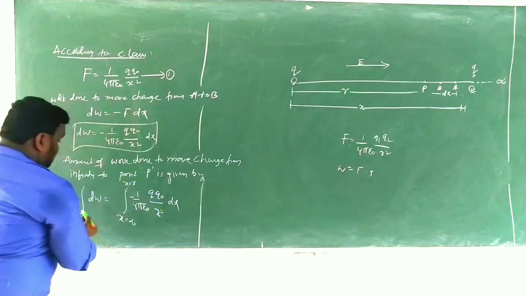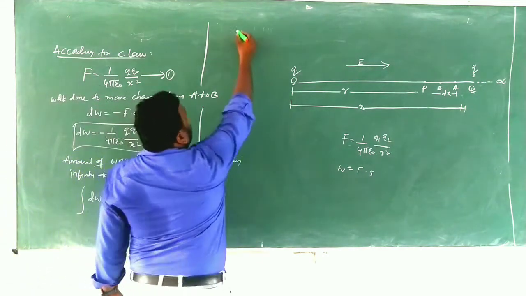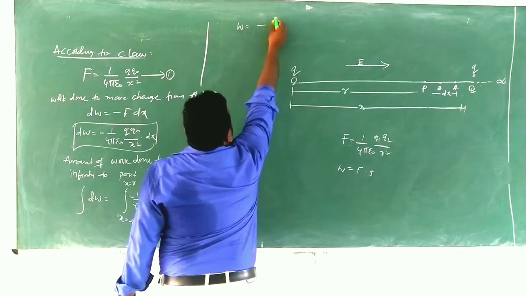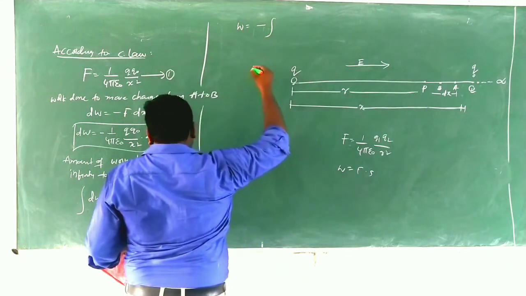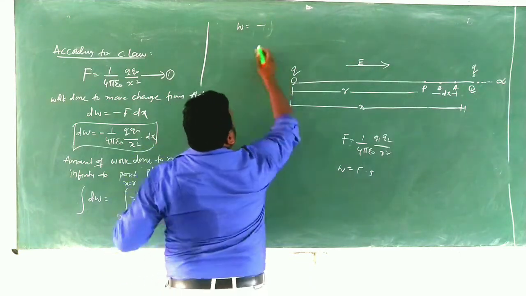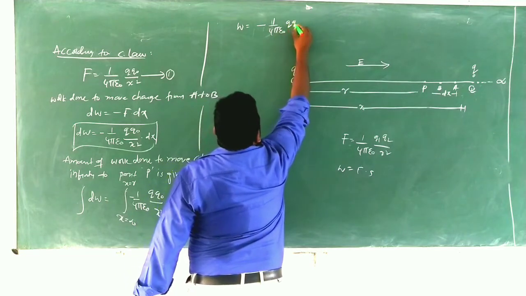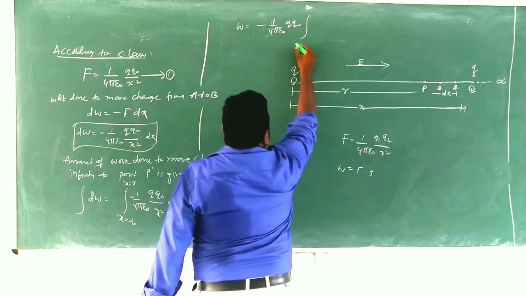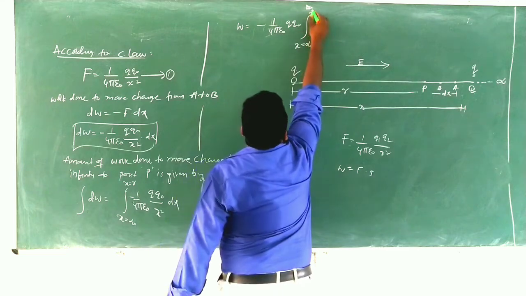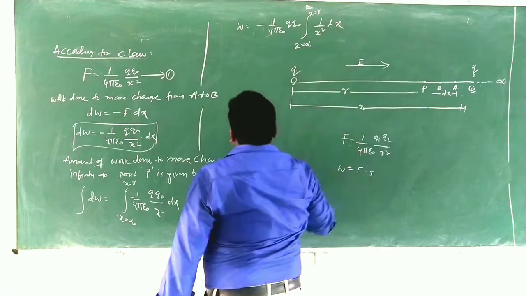Integration and differentiation are reciprocal. Then we get W is equal to minus 1 by 4 pi epsilon naught into q naught into the integral from x is equal to infinity to x is equal to r of 1 by x square dx.